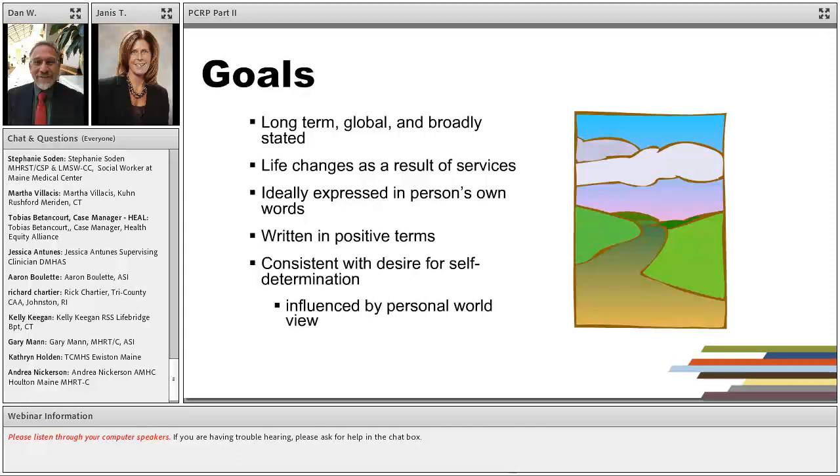And of course, we do hear a lot of goal statements that are consistent with this desire to have control over one's own life and their recovery, but recognizing, of course, that that is something that's influenced by personal worldview, by cultural values, and that's not always consistent across cultures or within cultures.